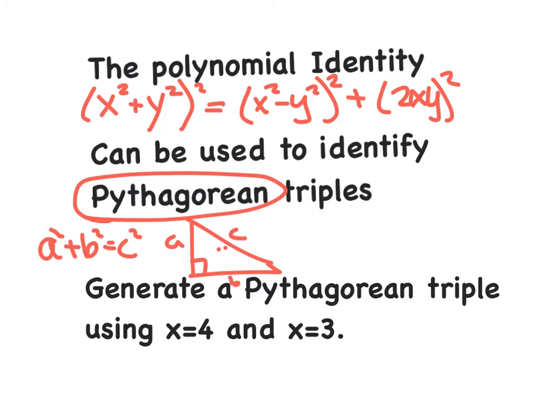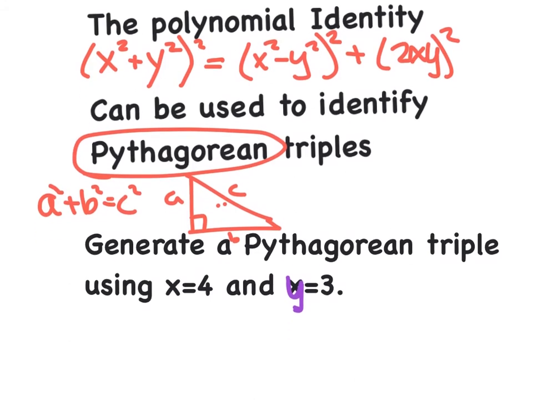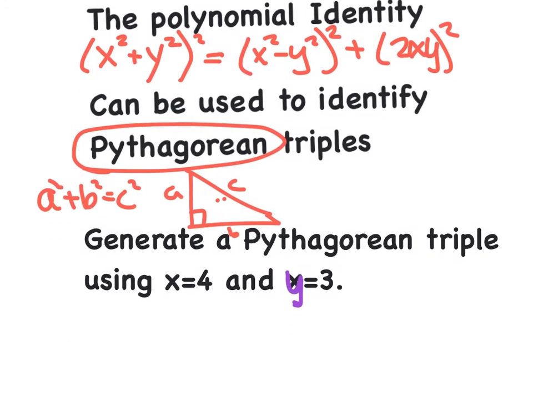So this says, generate a Pythagorean triple using x equals 4, and I apologize, this should say y equals 3. So let's go ahead and fix that. X equals 4 and y equals 3. Okay, so I'm going to carefully substitute these numbers in. So I'm just going back to this equation, and I'm replacing my x with 4 and my y with 3.